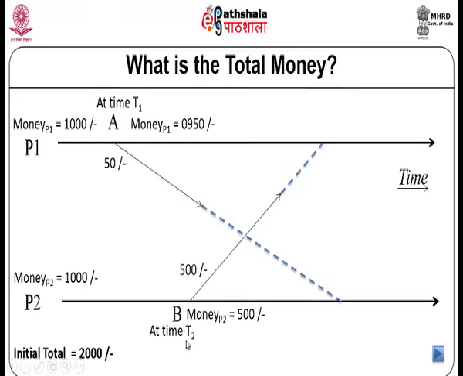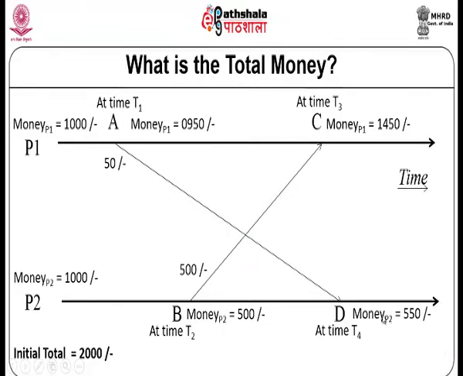Similarly, at B, P2 is sending 500 rupees to P1. P1 receives this money and its total becomes 1450, and P2 receives the money at D and its total becomes 550. Overall total remains 2000. So, we started with 2000, we completed with 2000, there is no surprise in this.